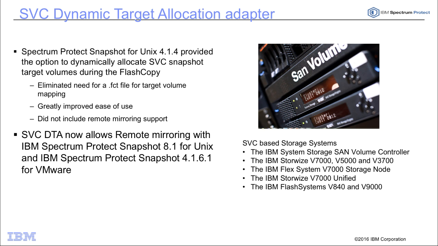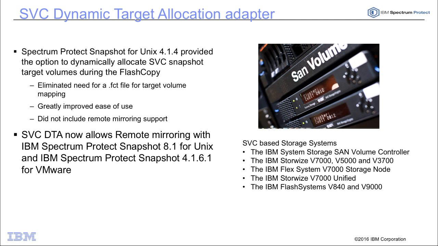Okay, moving on to Spectrum Protect Snapshot for UNIX and the SVC Dynamic Target Allocation Adapter, or DTA. Now, back in Spectrum Protect Snapshot for UNIX 4.1.4, we added this dynamic target allocation adapter. Prior to version 4.1.4, you had to predefine to the SVC the target volumes for a snapshot operation and put them in this FCT file.